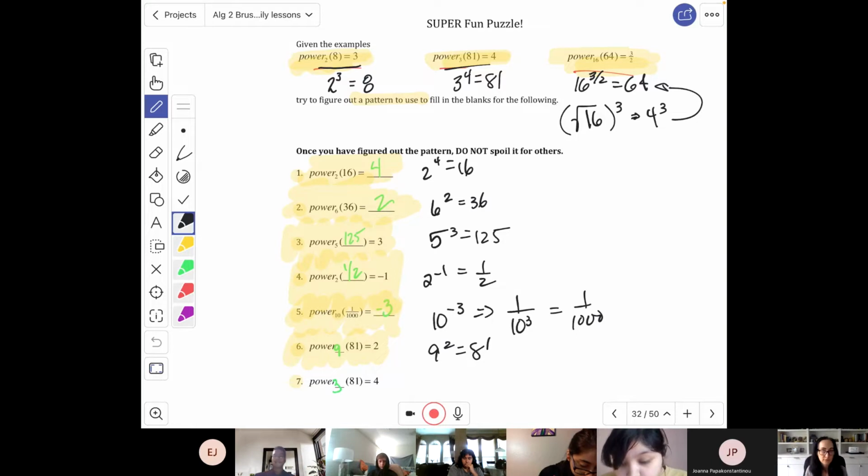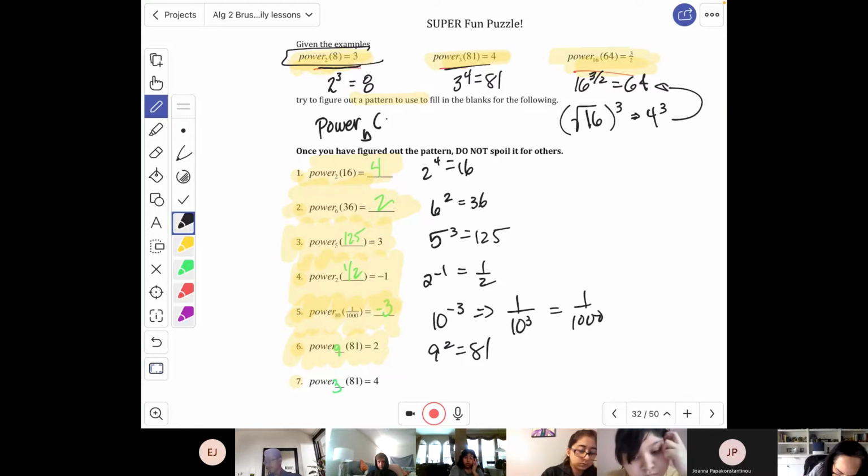Well, guess what? This notation here, where we wrote power, number, well, actually, yeah. What do I call this? Let me just call this C. And then let's call this A. Doesn't really matter.